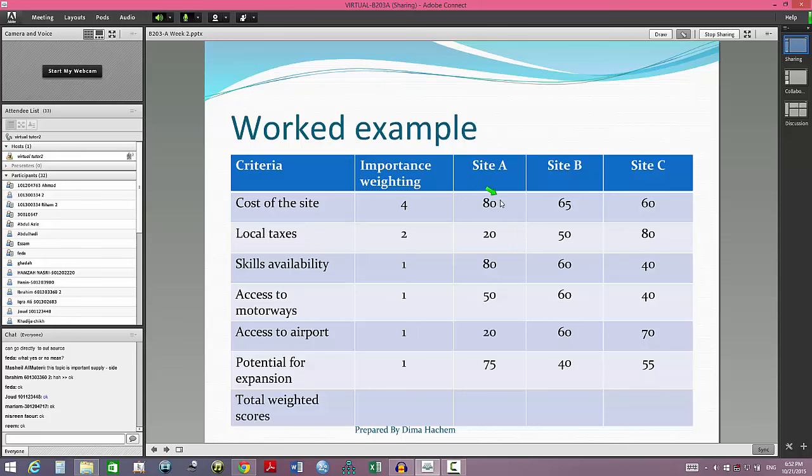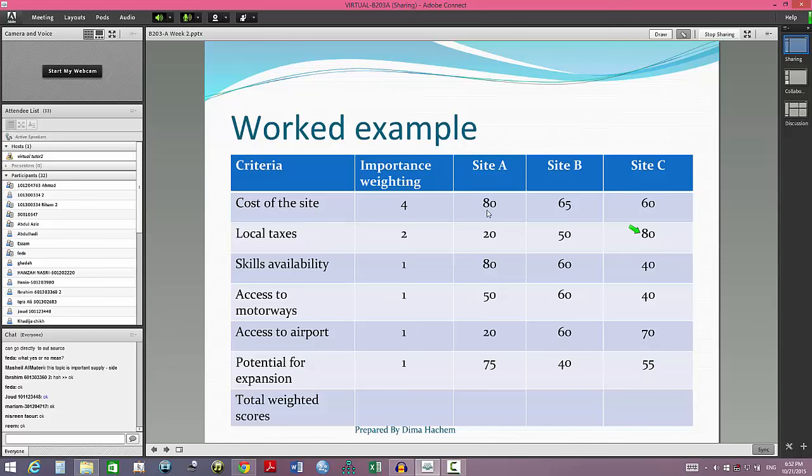This is just a number to show you that site A costs more than site B and site C. As you can see here, site B is 65, site C is 60. In the local taxes, site A is 20, site B 50, site C 80, and so on.